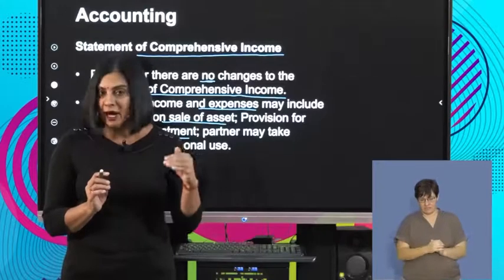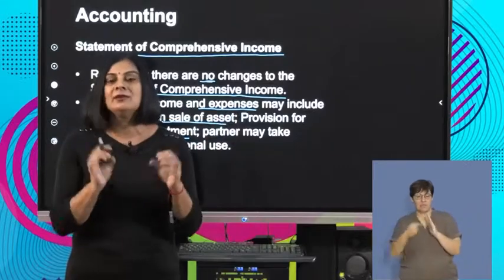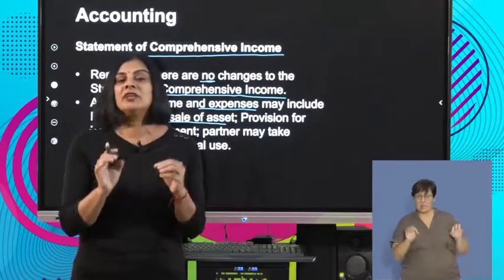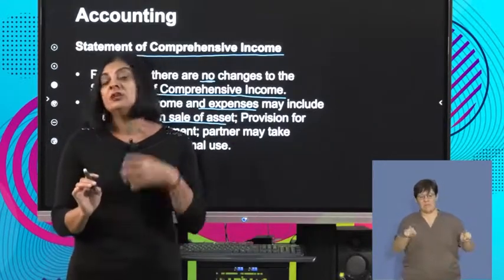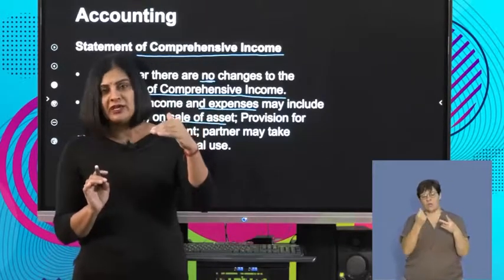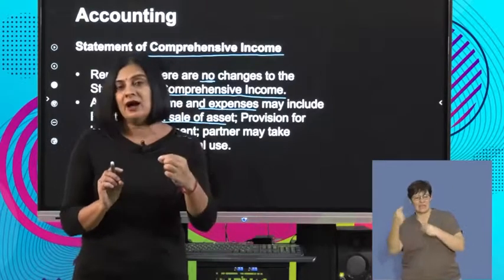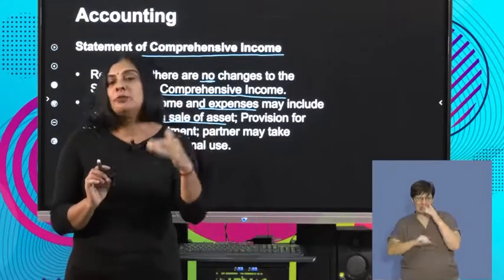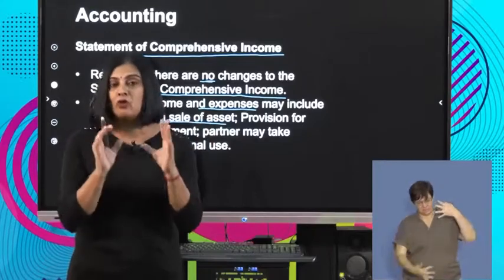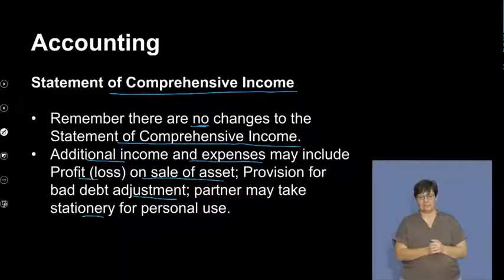However, the layout of your statement of comprehensive income is exactly the same as a sole trader. So in other words, you're still going to start off with sales, cost of sales, work out your gross profit, add other income, minus other operating expenses, and so on. So that's not going to change. Right, let's move on.